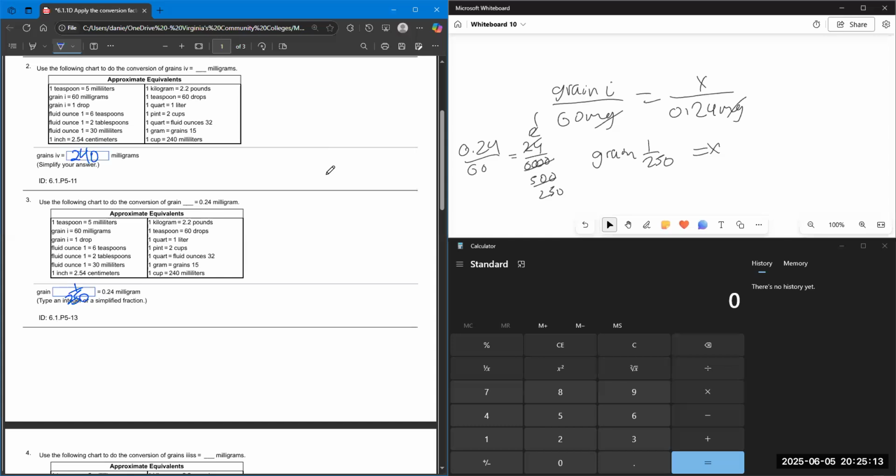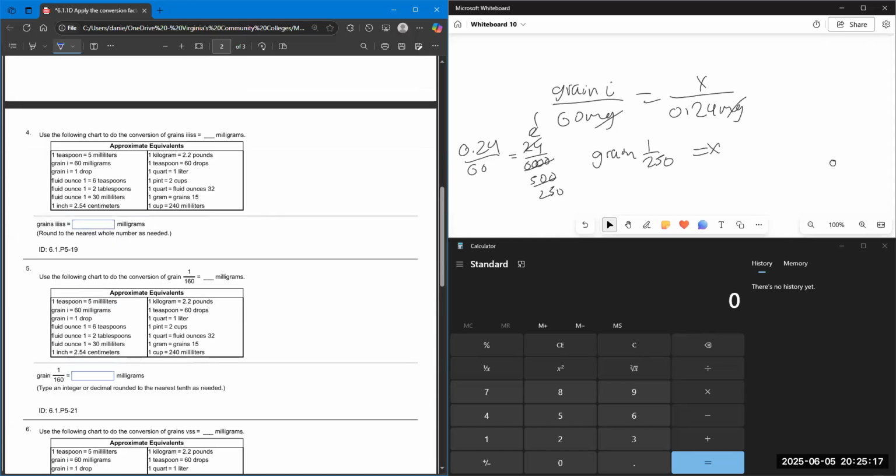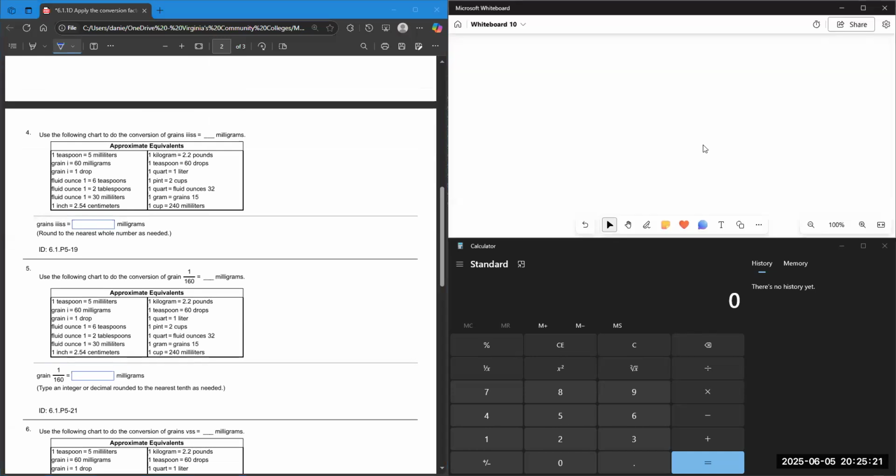Right. Moving along, we want to change grains to milligrams again. This one is grains ISS.